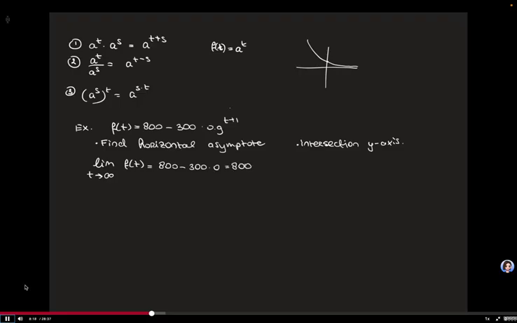And please note that this will go towards 0, but it will never actually touch 0. So the function value will never be 800, but we'll get incredibly close to it. So now we can write our conclusion that the horizontal asymptote is at y equals 800.